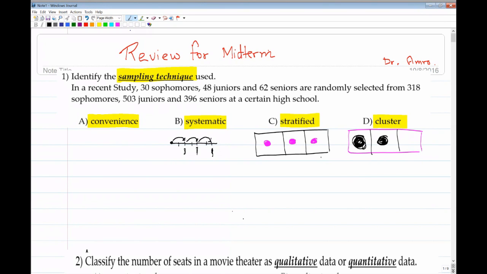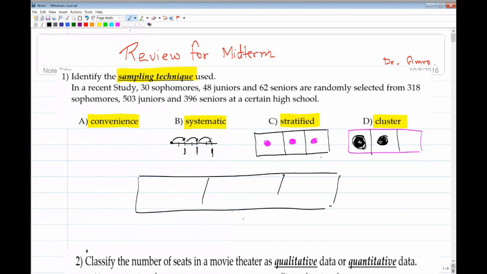to be interviewed. Now, when we look at this question, the one that's given to us, what we have is a high school, and it's divided into 3 areas: sophomore students, and then junior, and then senior.